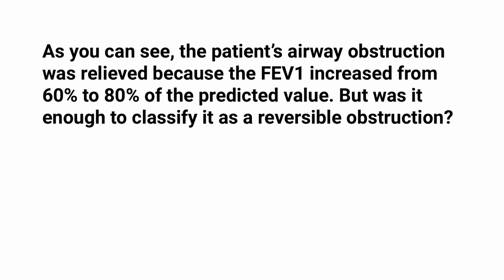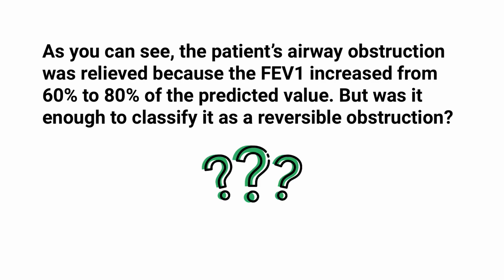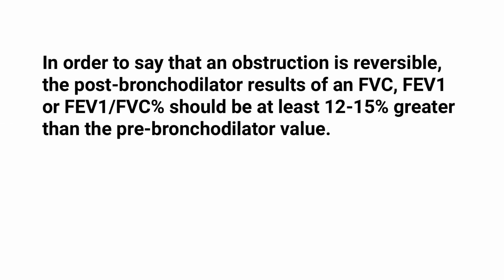But was it enough to classify as a reversible obstruction? In order to say that an obstruction is reversible, the post-bronchodilator results of an FVC, FEV1, or FEV1 to FVC percentage should be at least 12 to 15% greater than the pre-bronchodilator value.